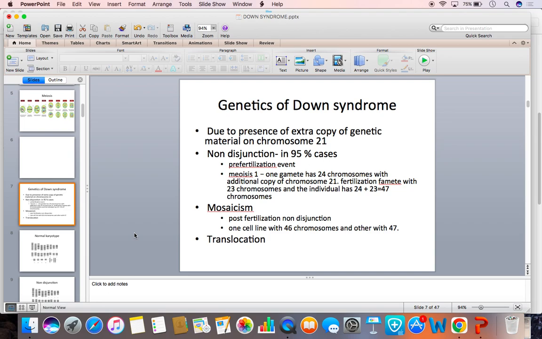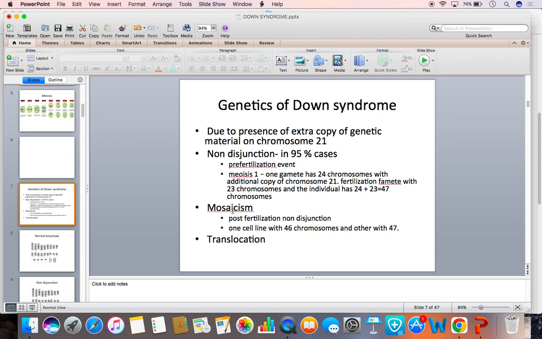What is mosaicism? This is the situation wherein there are 2 cell lines. One cell line has 46 chromosomes, another cell line has 47 chromosomes. This is a post-fertilization event wherein fertilization has occurred and the zygote has formed with 47 chromosomes, and during cell division there occurs non-disjunction, with one cell line having 47 chromosomes and another having 46 chromosomes.